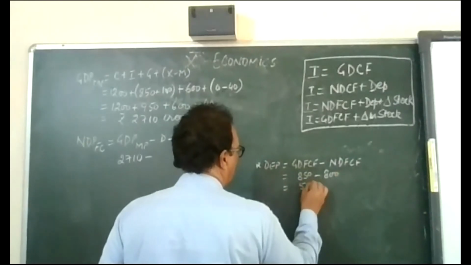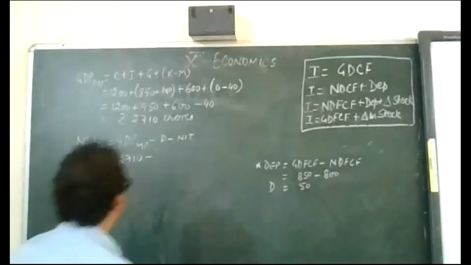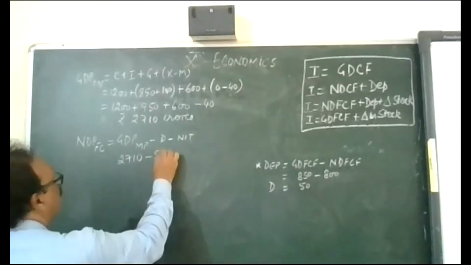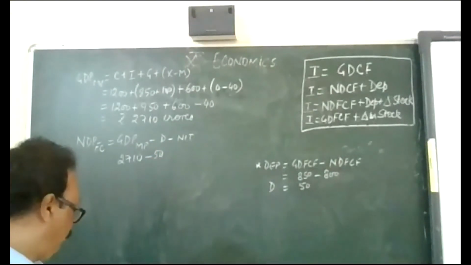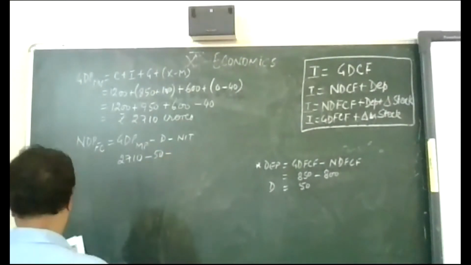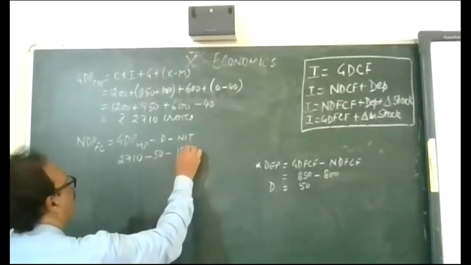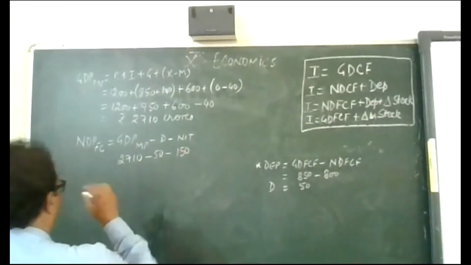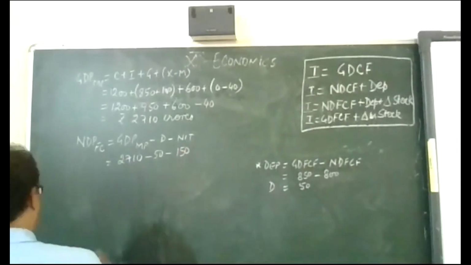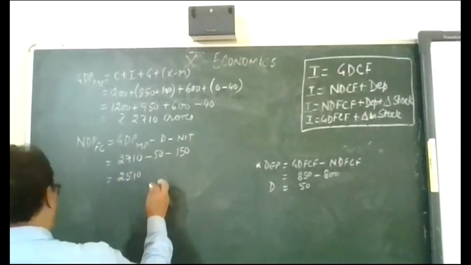So your depreciation is equal to 50. That's the value I will use here. Minus net indirect taxes, in the question given as 150. That is equal to 2510.